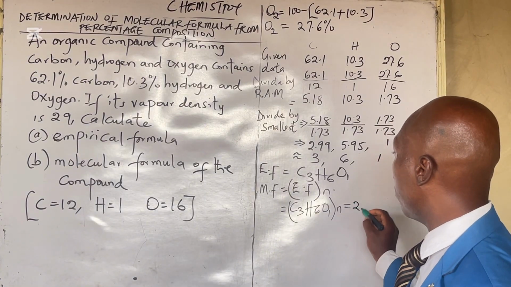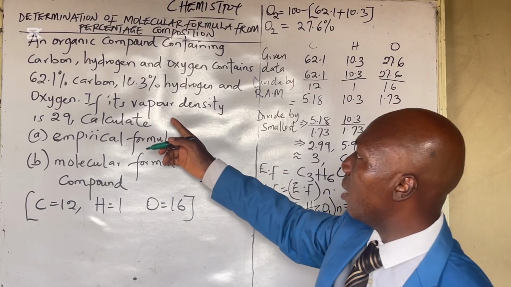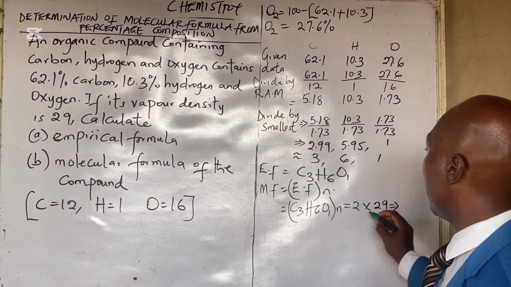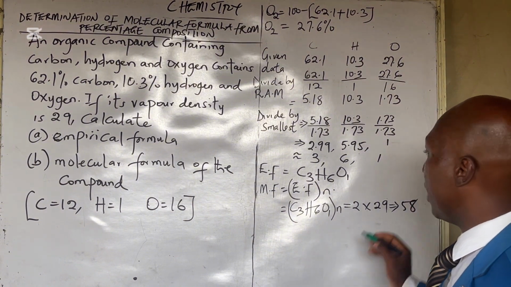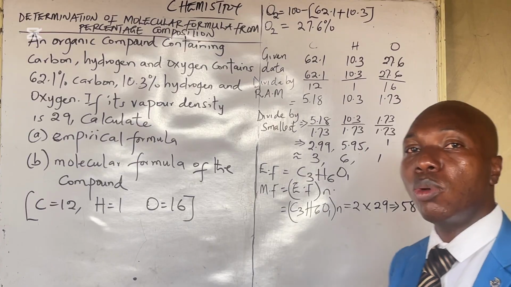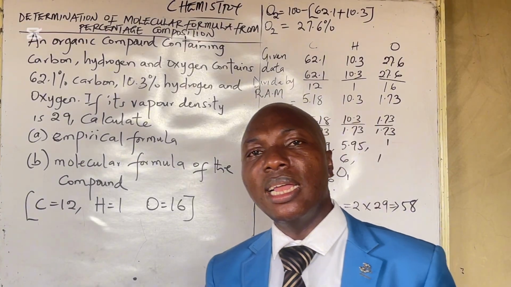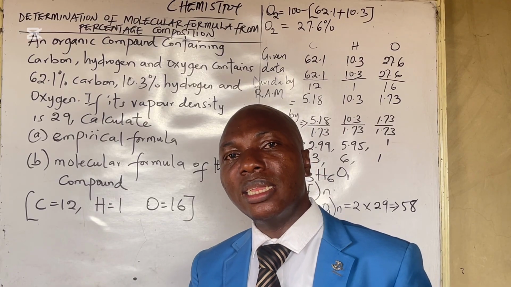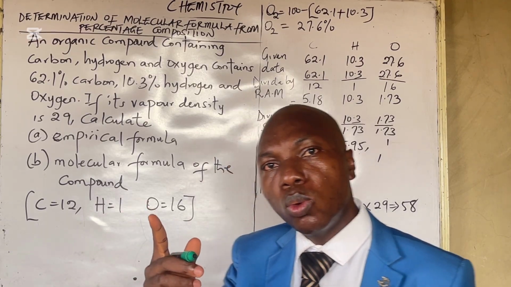So 2 times our vapor density of 29, we have 58. So our aim is to calculate N, since molecular formula is the actual number representing the actual formula in a molecule of a compound.